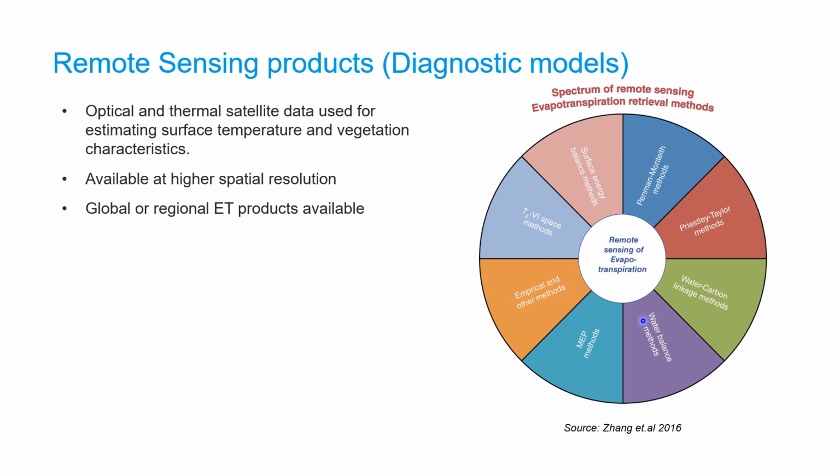The figure here shows various approaches being implemented using remote sensing data. Note that some of these methods, like Penman-Monteith and Priestley-Taylor approaches, are also used in land surface models. Using these approaches, there are multiple products available at higher spatial resolution at regional or global scale.